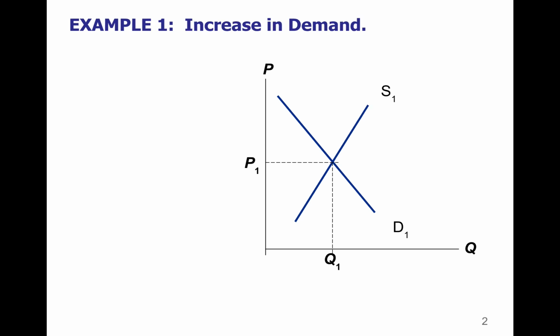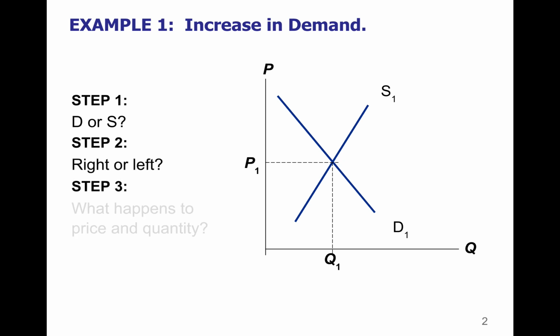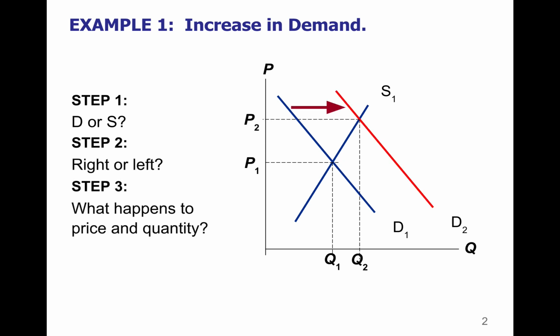Let's say that we're going to increase demand. Remember, an increase is any time a line shifts to the right. So if we shift demand to the right along the horizontal axis, then the demand line is going to shift out. The new equilibrium at price 2 and quantity 2 means that the price is going up and the quantity that's both bought and sold goes up. We shifted the entire demand line.